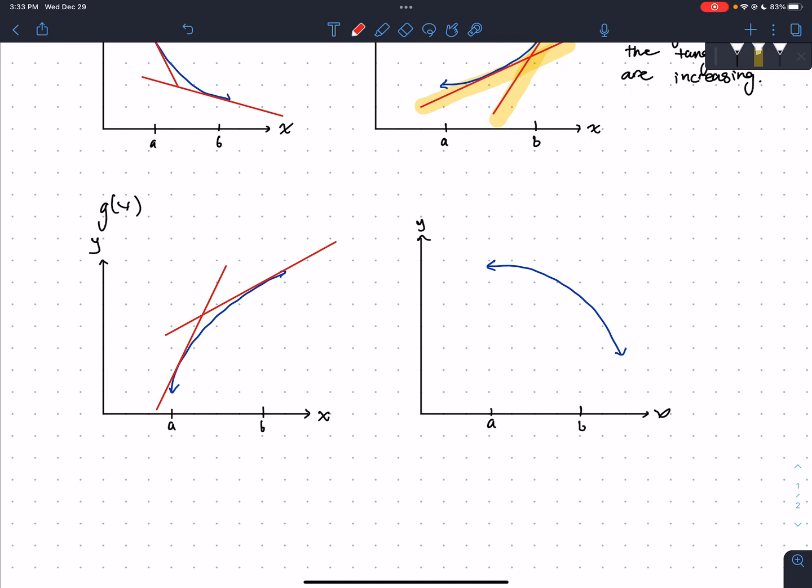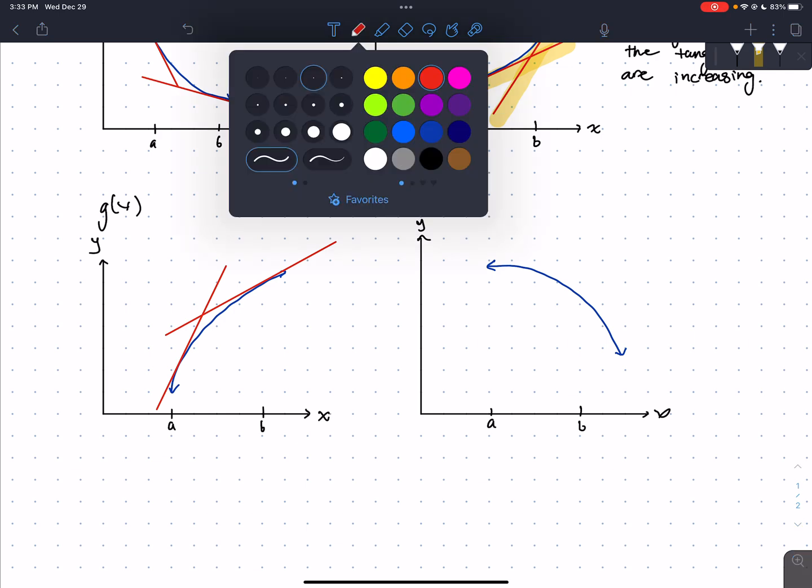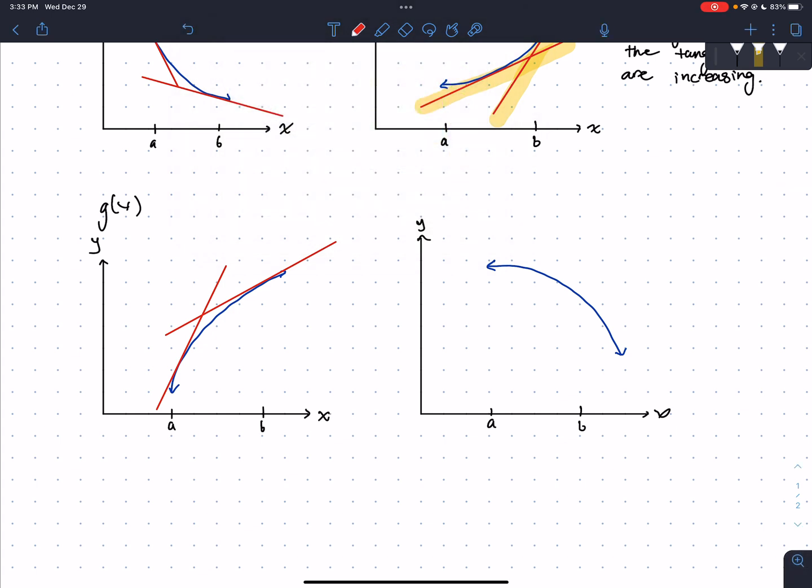And so, we're going from a not as negative slope to a negative slope, right? So here, if we were to draw a tangent, we can draw here and here, all right? Well, that's a bad tangent.